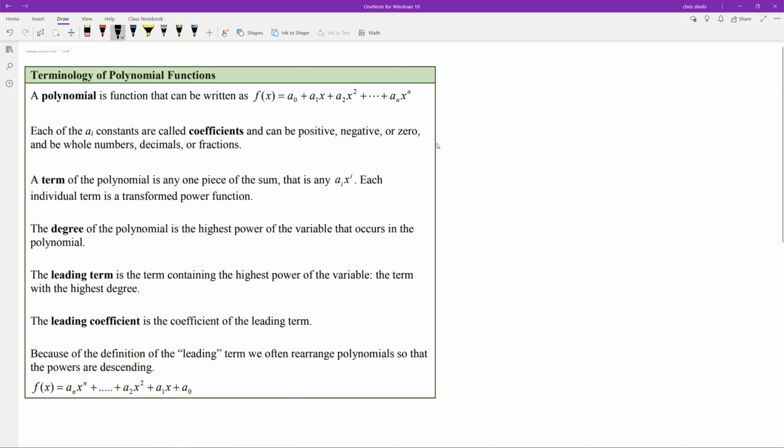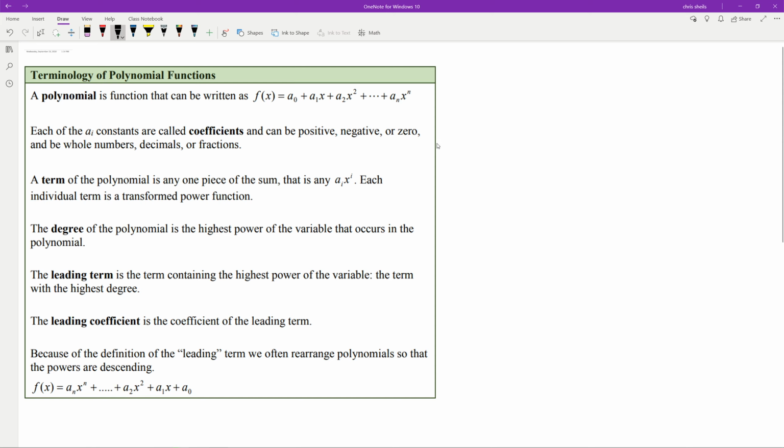Each of these a sub i constants are called coefficients. So these a's are just numbers. These are stand-ins for these coefficients. And these coefficients can be positive, negative, or 0. And the coefficients can also be whole numbers, decimals, or fractions. So these coefficients can be any real number.